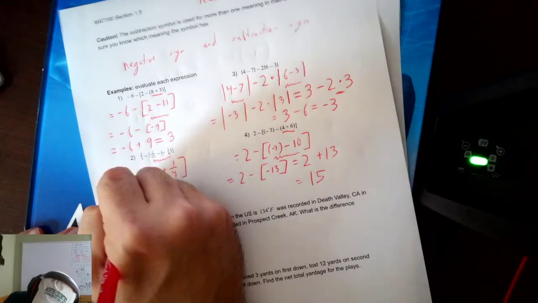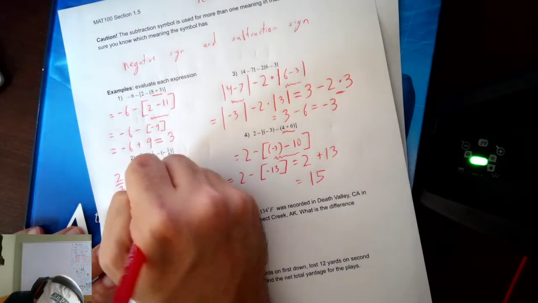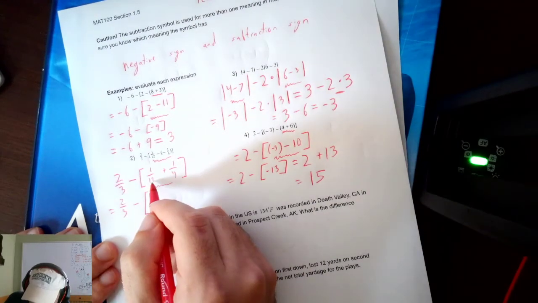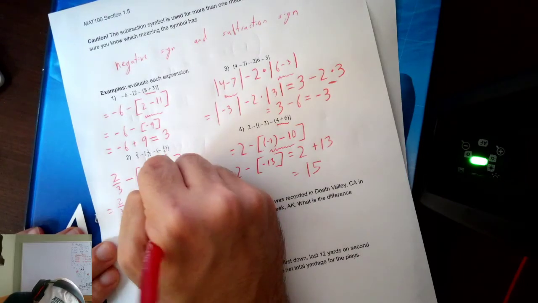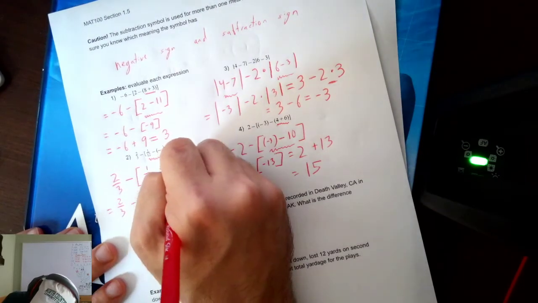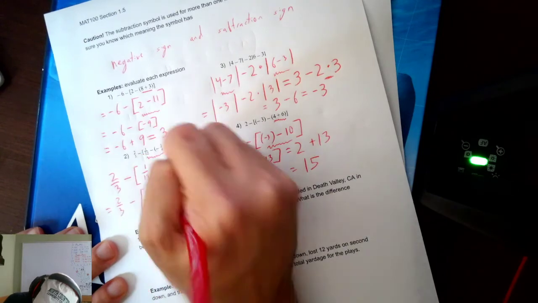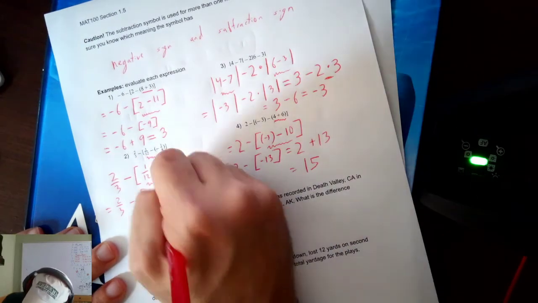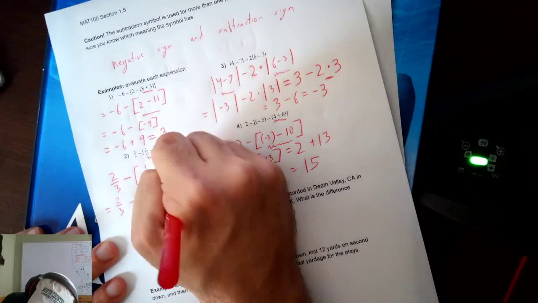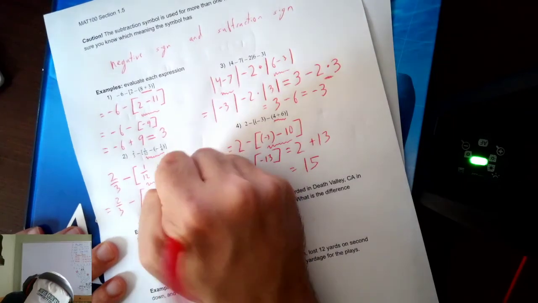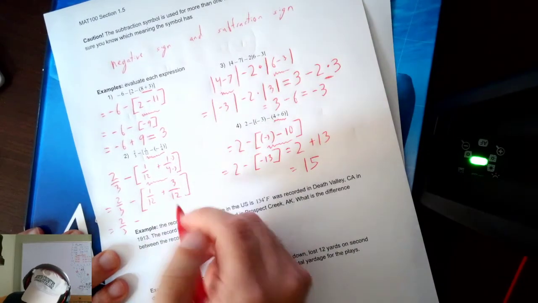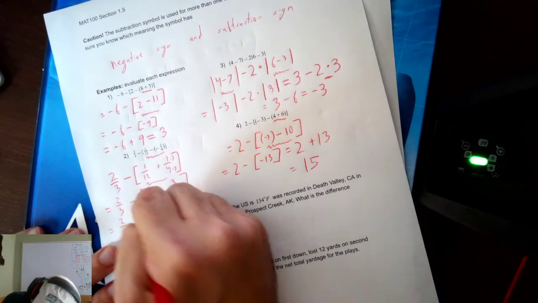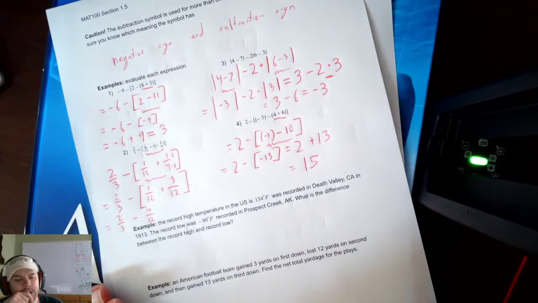I need common denominators. 2/3 minus, common denominator between 12 and 4. Well, this will stay 1/12. But 1/4, I've got to multiply the top and bottom by 3 to get a common denominator of 12. 12 in the bottom and 3 in the top is going to give me 2/3 minus 1/12 plus 3/12 is 4/12.